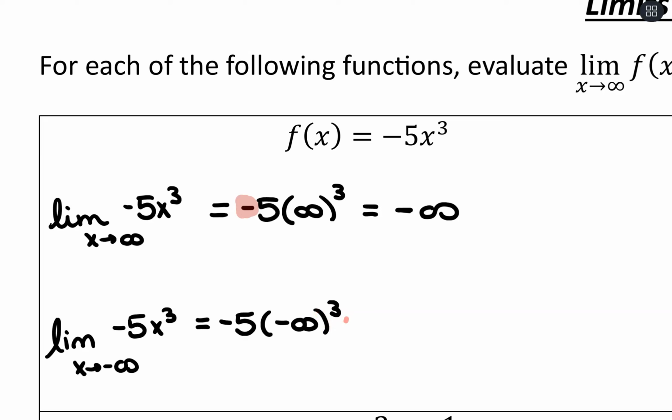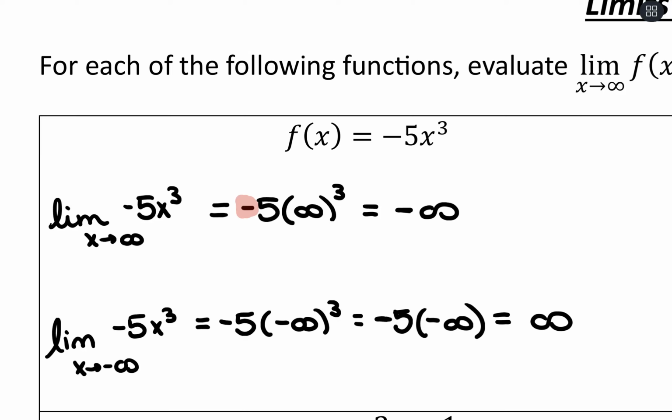So when we cube, we still have a negative. This is like negative 5, let's even keep the 5 in, times negative infinity, and we have the same property that a negative times a negative makes a positive. So that's going to be positive infinity.